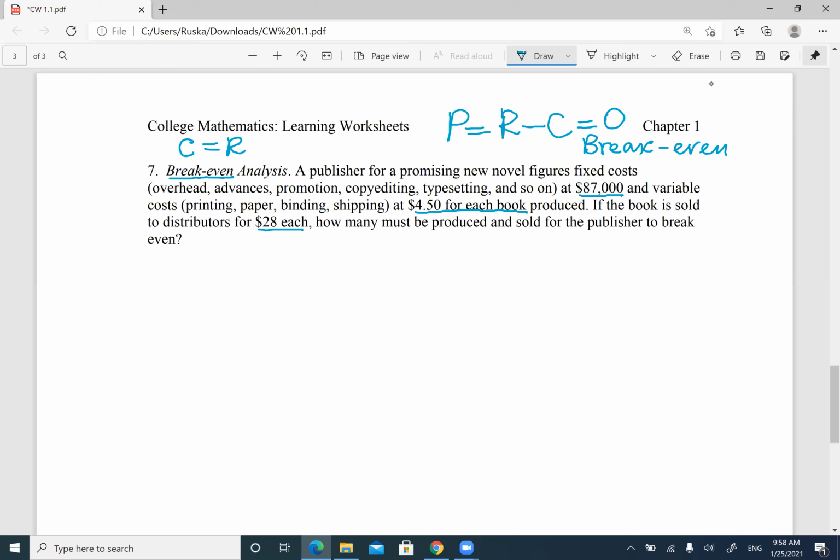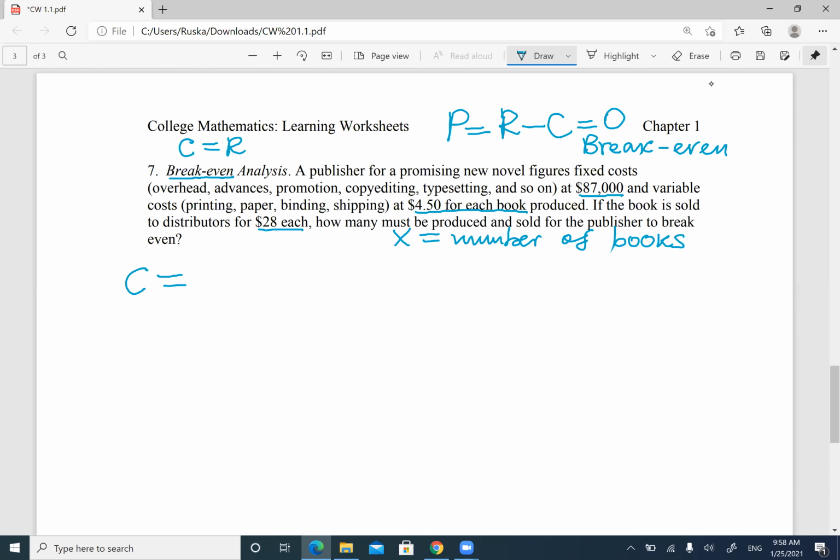So here X is going to be the number of books, because it says for each book, and you're selling each book. So X is the number of books, because you don't know how many books. That's what you need to find. Okay? And let's calculate the cost first.